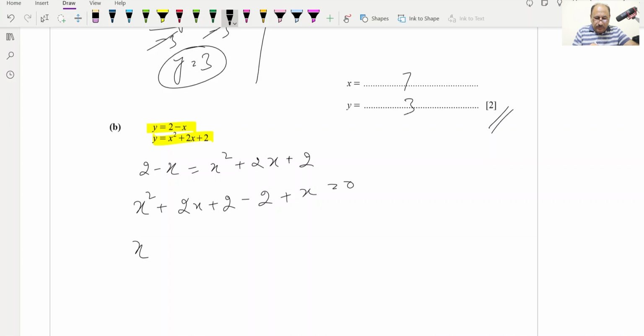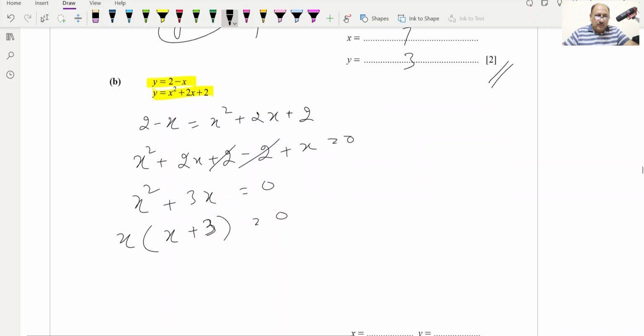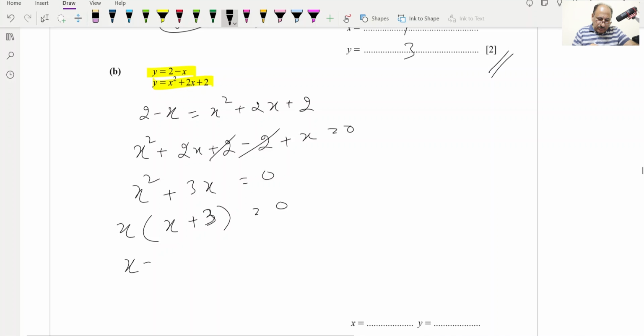If we add the like terms, x squared plus 3x, and these two will be cancelled, is equal to 0. x we can take common, so x into x plus 3 is equal to 0. This implies x is equal to 0 or x is equal to minus 3.